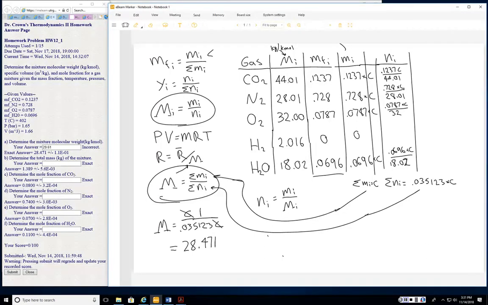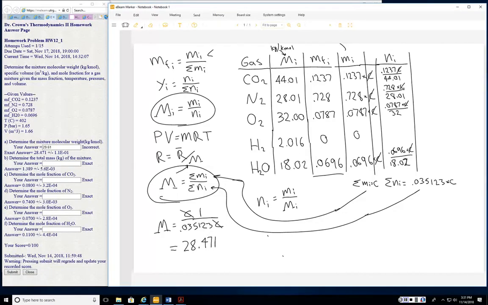Okay, so what do I learn from this? If I'm trying to find the mixture molecular weight, I need not worry about this C. And even though this is not the mass, it's the mass fraction, what I'm doing then is using the mass fraction to calculate the mixture molecular weight, and then I'm dividing the mass fraction by the number of moles.